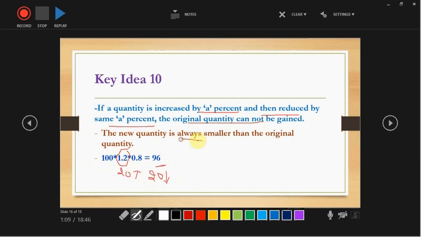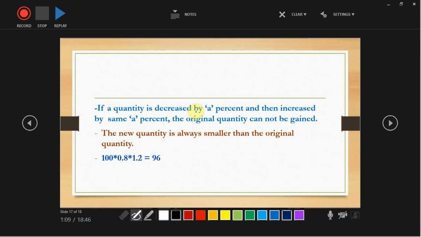The new quantity is always smaller than the original quantity. In the same way, if a quantity is first decreased by A% and then increased by the same A%, the original quantity cannot be regained. So we first reduce 100 by 20%, then increase the amount by 20%, and again we will be at 96. The new quantity is again smaller than the original quantity.